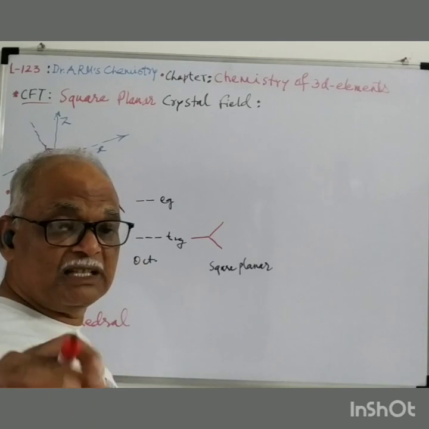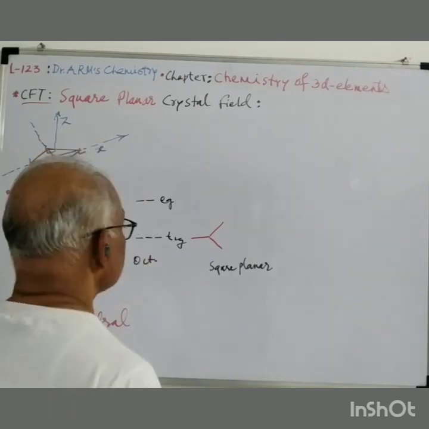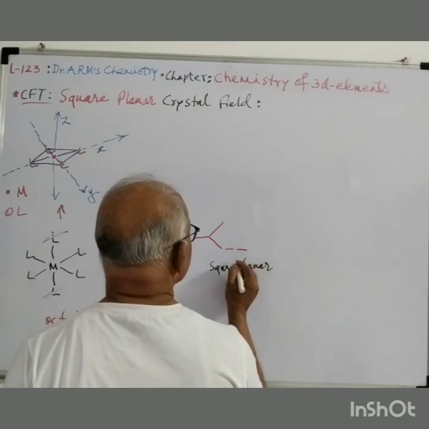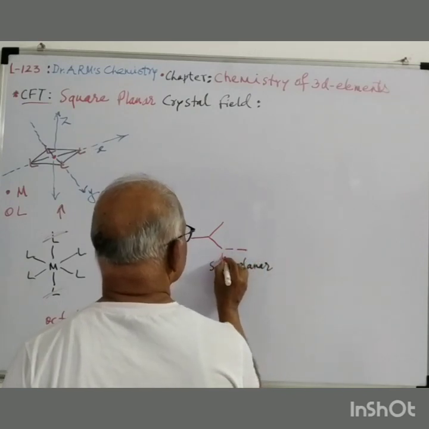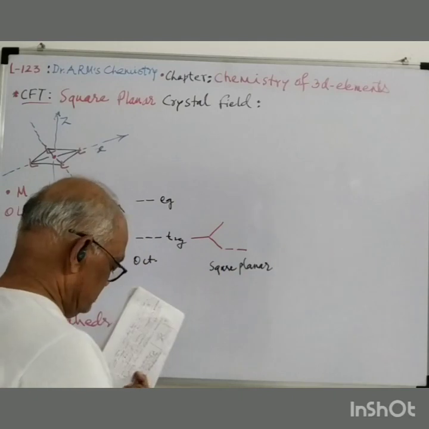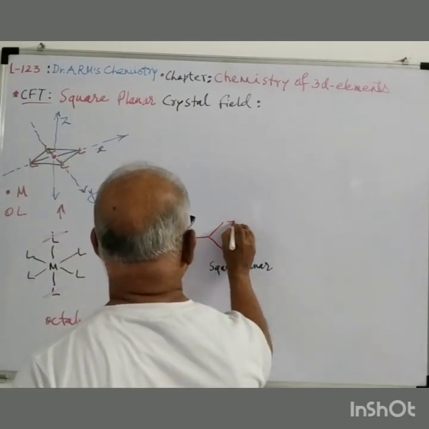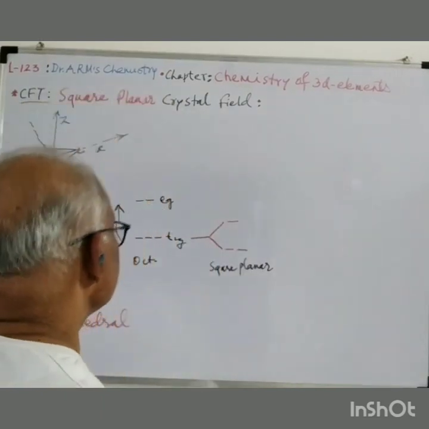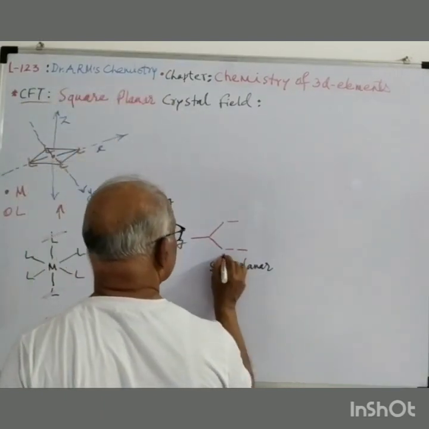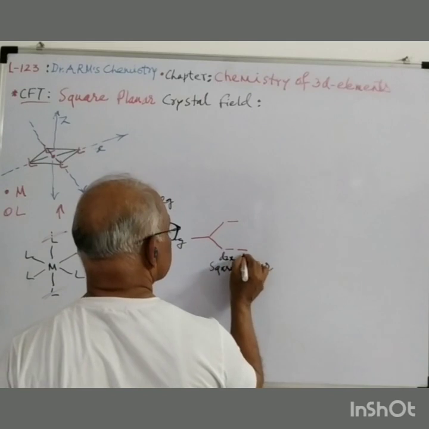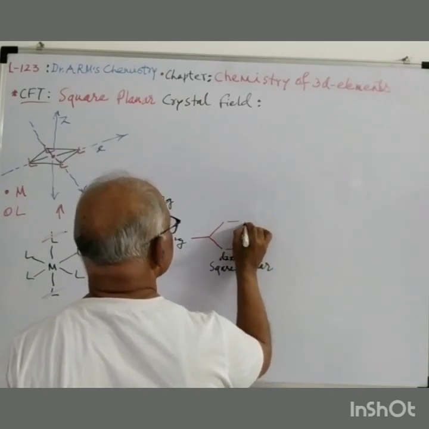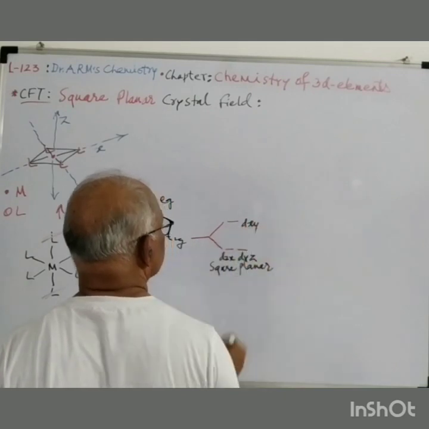During this splitting, the orbitals which are lowered are two, dzx and dyz, and one is high energy, which is dxy.